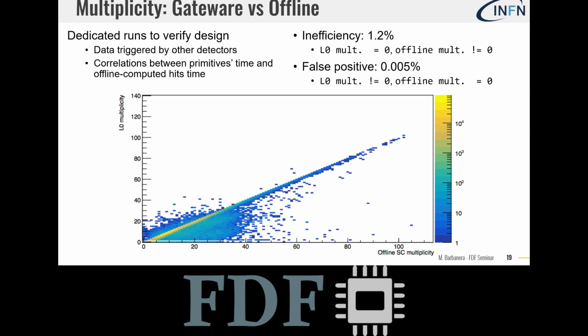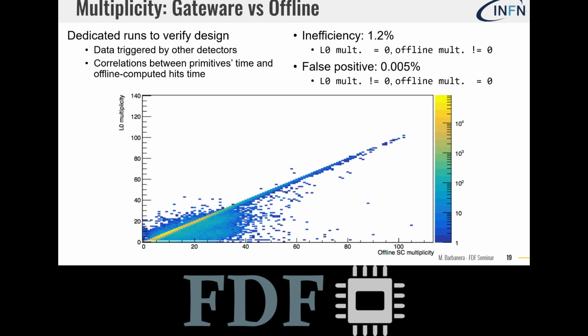Sorry, this one is the next one. It's a correlation between the number of hits contained in the primitives and the number of hits computed offline, while the experiment was triggered by other detectors than the RICH to avoid biases of the trigger.